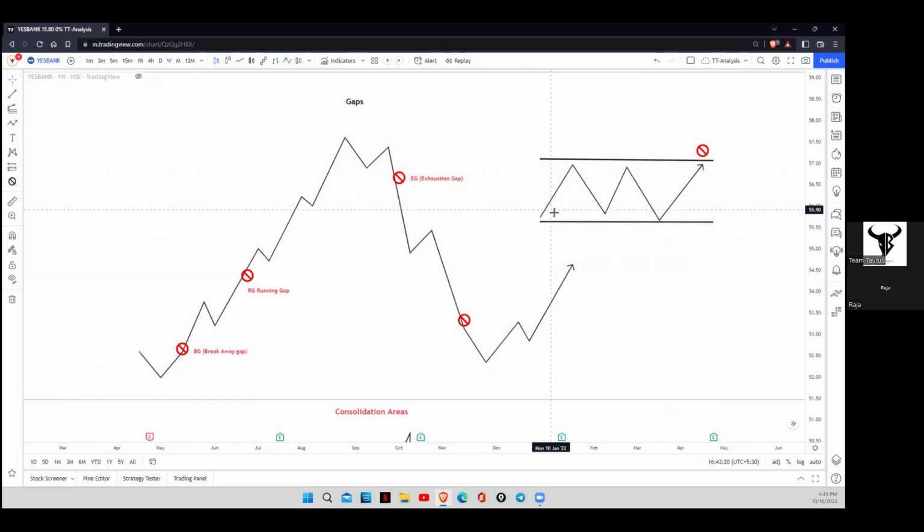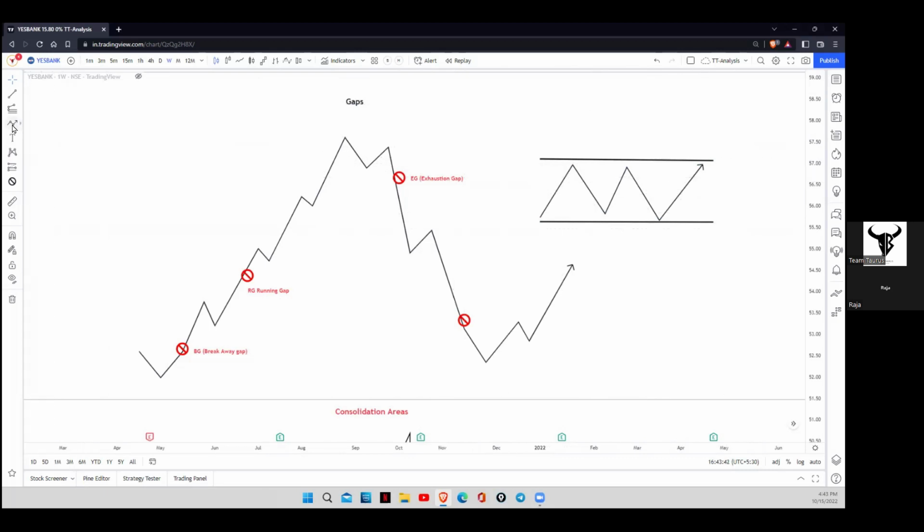And this is called a breakaway gap, which means it has broken away from a range or a pattern. Remember, a pattern or a range breaking away and opening above that range and sustaining there for about 15 minutes to 1 hour. That's when you can say that is a breakaway gap.